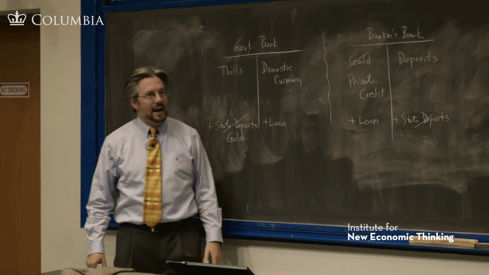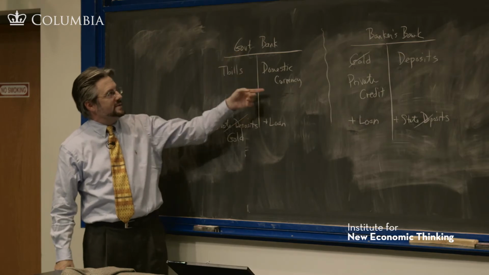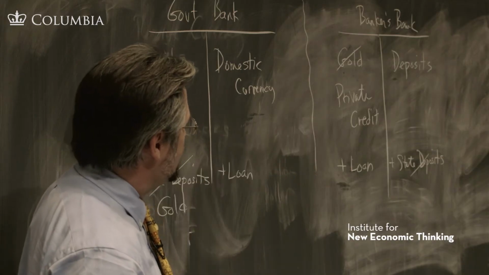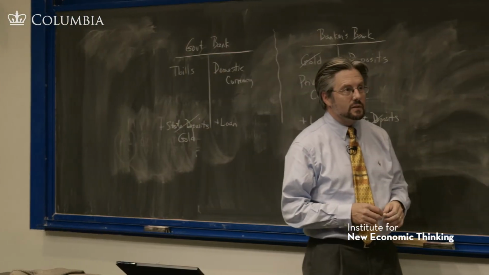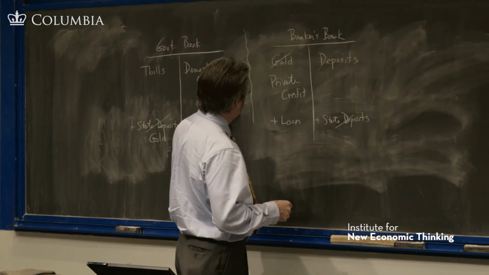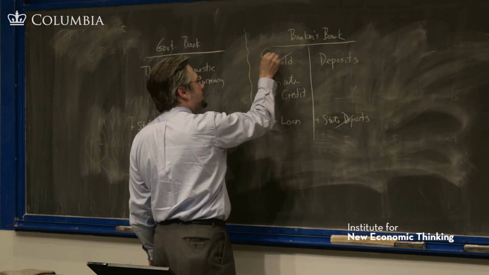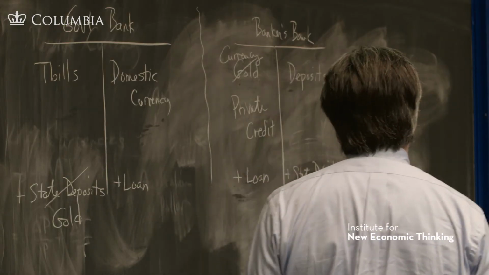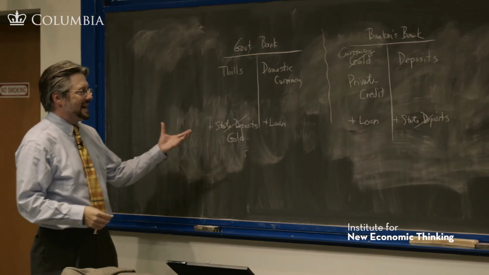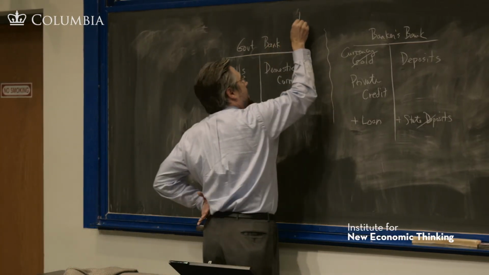And the consequence of that was that the banker's bank starts to use as its reserve the domestic currency. So there are three, and that's the origin of hybridity.